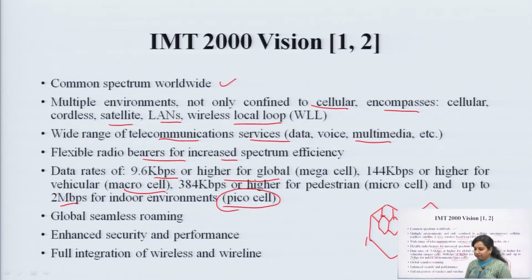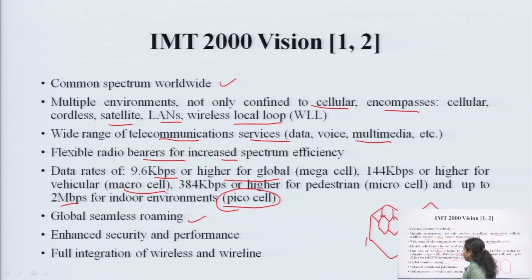Now, depending on the speed with which the transmitter or receiver is moving, whether they are walking on their own, sitting indoors, or moving in a car, the data rates are variable. So, the cell size is also variable.